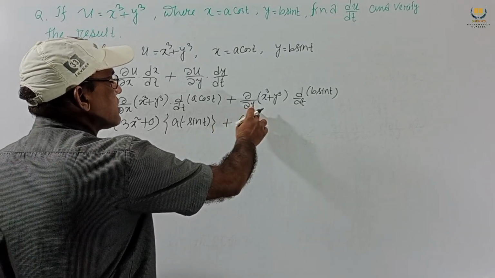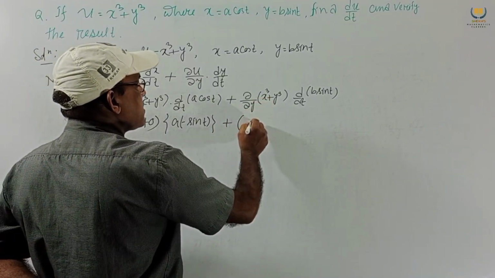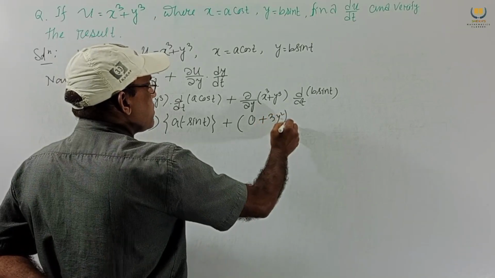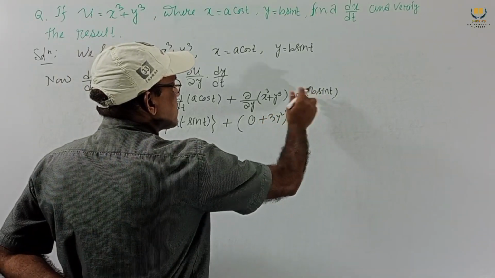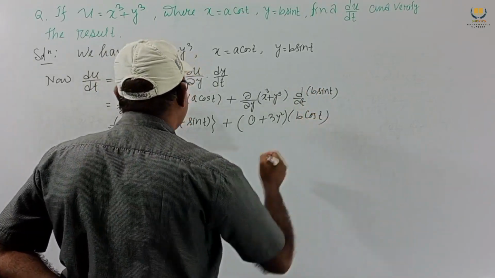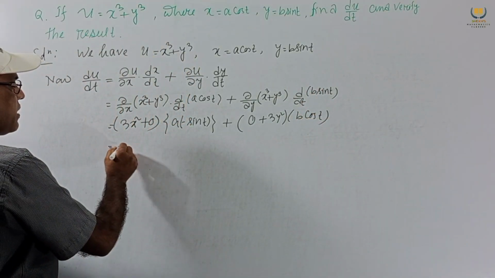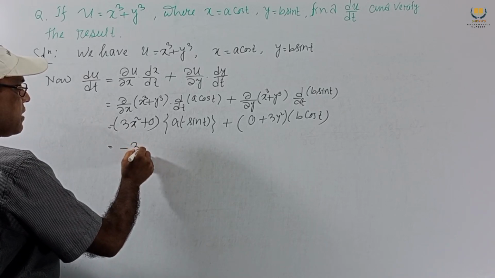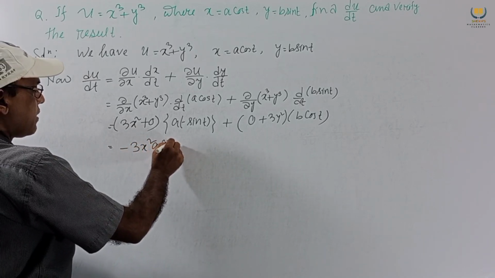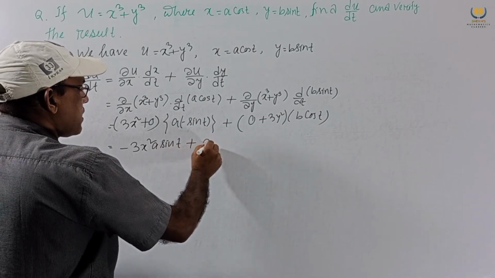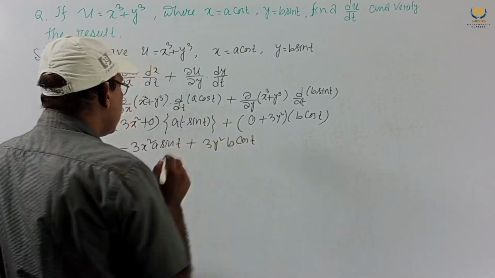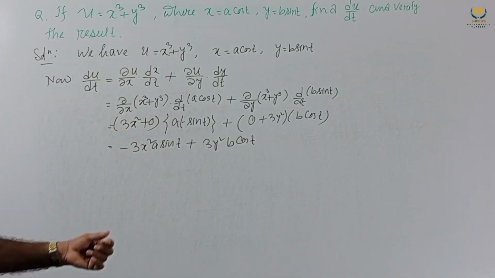And this is partial differentiation with respect to y. x is constant, so 0, and y cube gives 3y square, with b constant outside, and d/dt of sin t is cos t. Ultimately we get minus 3x square a sin t plus 3y square b cos t after calculation.